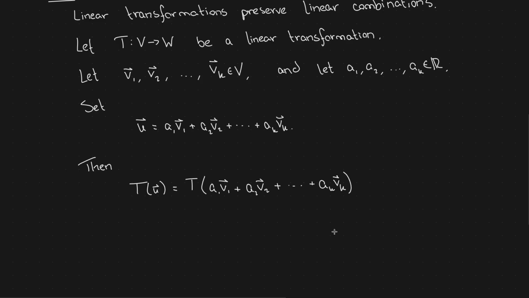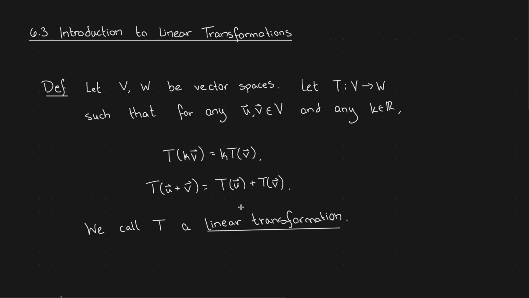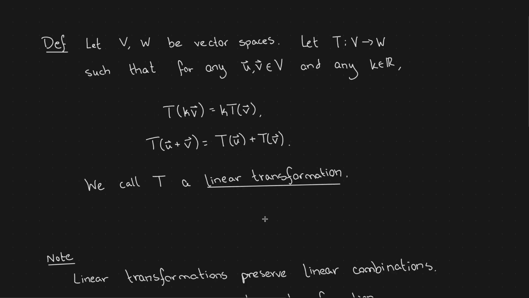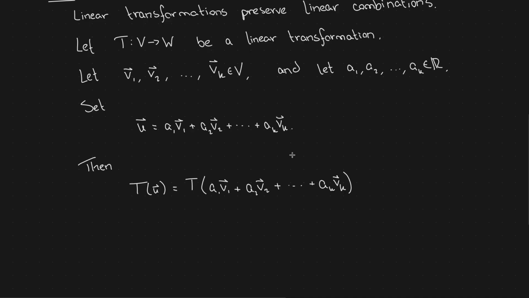And by my two properties, if I take the transformation of a sum, it doesn't matter if I apply the sum before I take the transformation or take the transformation of each individual vector and apply the sum after. Here it works with 2, but it actually applies for any number, because I could take this as my first vector and all of this as my second vector.